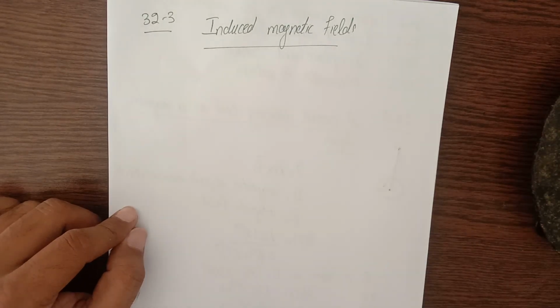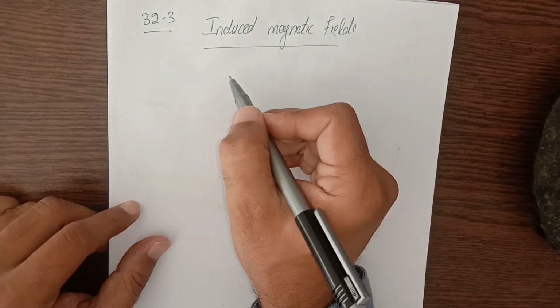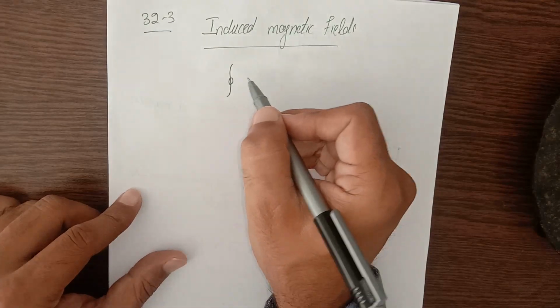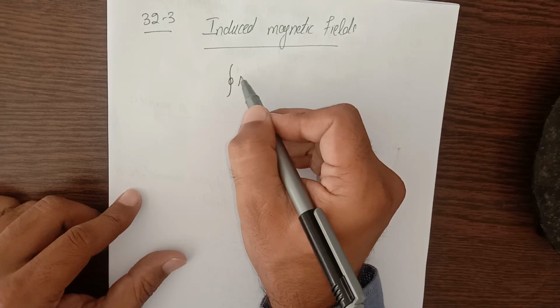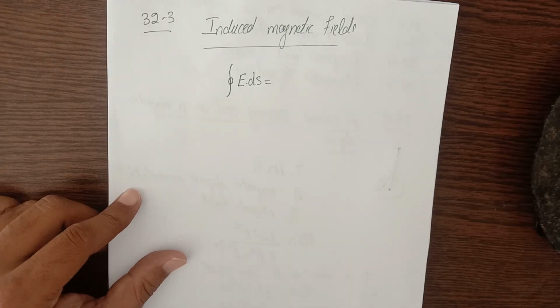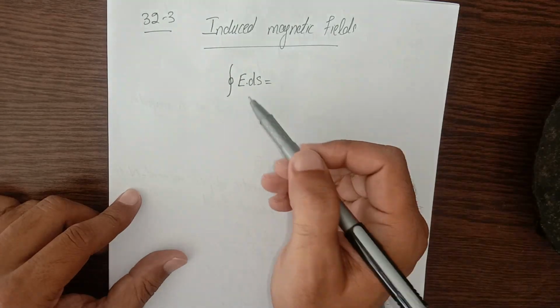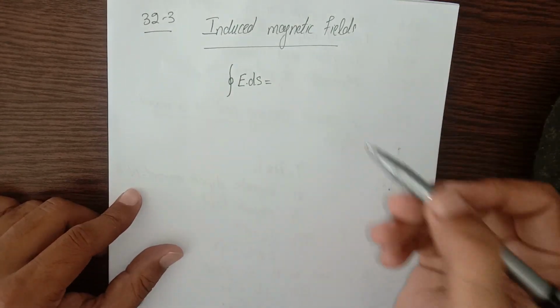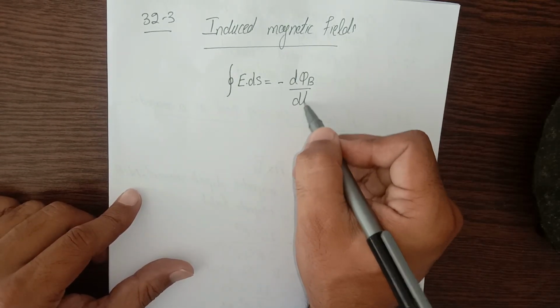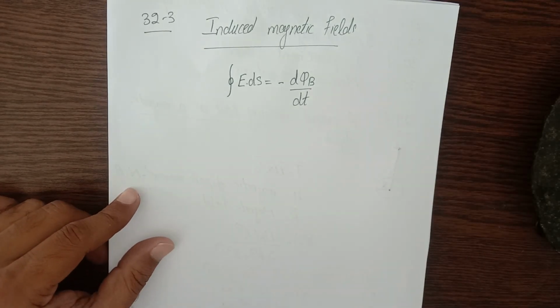From the discussions in chapter 30 of the book, and recalling Faraday's law of induction, you know that a changing magnetic field or changing magnetic flux produces an electric field, which is given mathematically in the form: the closed integral of E dot ds is equal to minus the rate of change of magnetic flux, minus d phi B by dt.